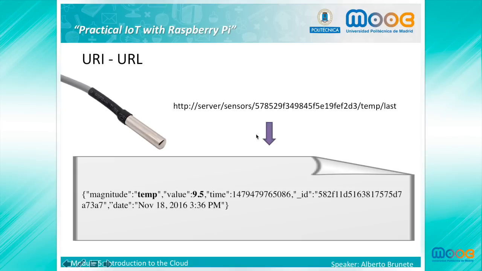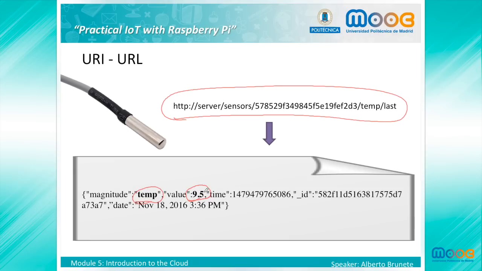But a URL can also be a sensor value. For example, this address here points to the last value of the temperature sensor specified by its URL. In this case, its value is 9.5 degrees.